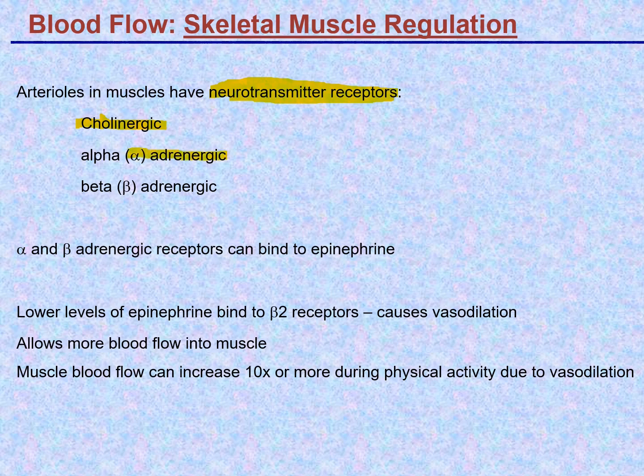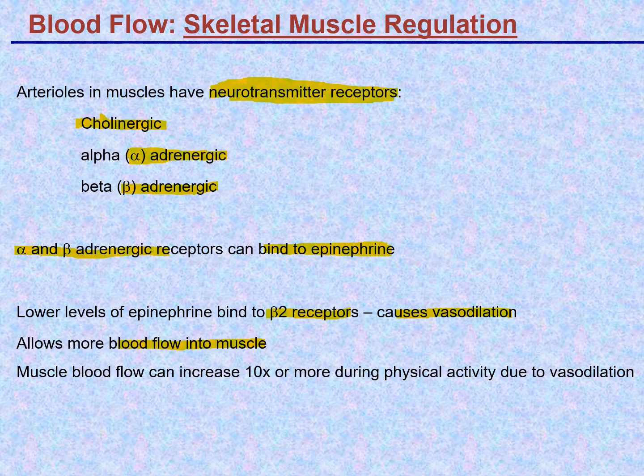There are different types, alpha and beta, and there are subtypes of alpha, etc. These alpha and beta adrenergic receptors can bind adrenaline or epinephrine. Those two are the same, right? If you have a low level of epinephrine release, it binds to beta-2 receptors. That causes a vasodilation, so you get increased blood flow into the muscle.